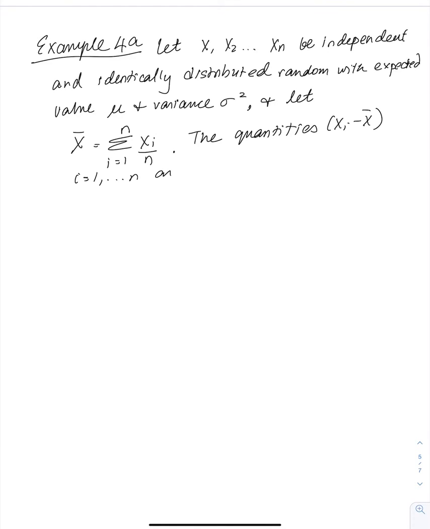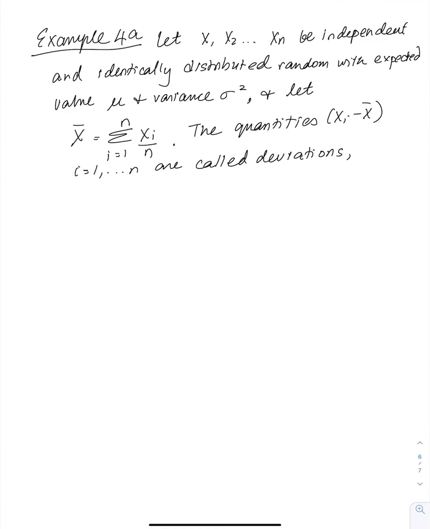They are called the deviations, as they tell you how far xi is from the mean. This is called the sample mean. They're called deviations. They tell you how far the individual data points are from the sample mean.